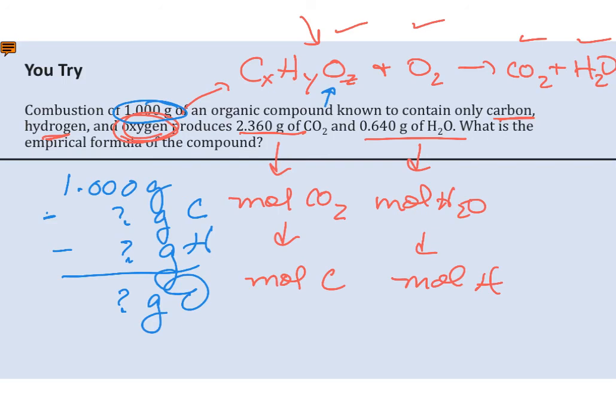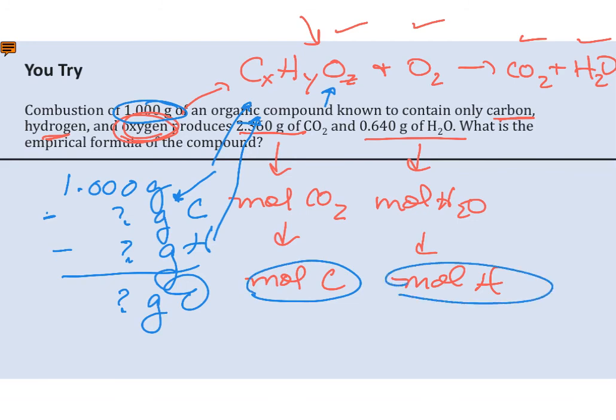So how can you get the grams of carbon in this original compound and the grams of hydrogen in the original compound? You're going to get them from here, right? You know how to get grams from moles. All right, so that is my hint. Let's see how you do.